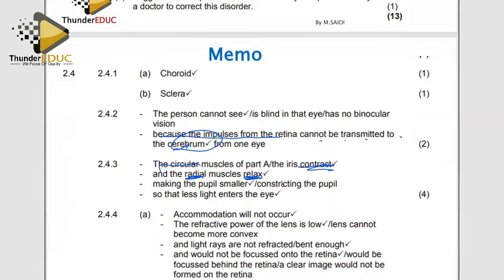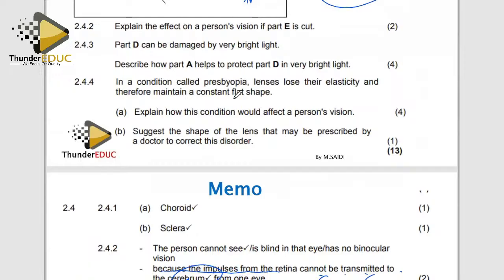Remember, it's bright light. C goes with C, and R goes with R. Then the diameter of the pupil will become smaller, meaning that it will constrict, and then less light will enter the eye. That's where the protection happens.